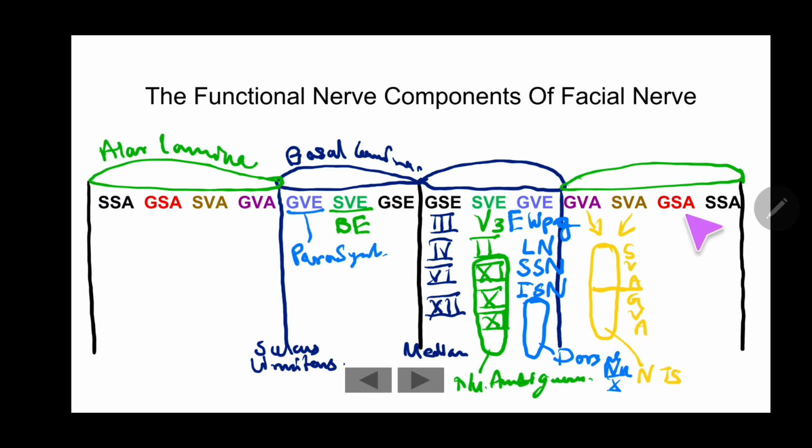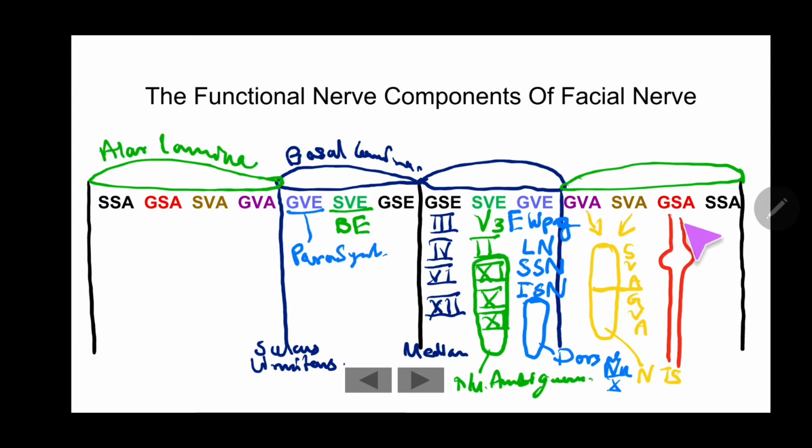And now we're talking about general somatic afferent, like the touch, pain, temperature, vibration, or 2-point discrimination, stereognosis, all general sensations on the outside, the cutaneous sensations, they will be brought in, including the proprioceptive sensations. Now these will be brought in here, and this functional column has a single elongated nucleus, and this nucleus is so long that it reaches down below into the spinal cord up to C2 spinal segment.